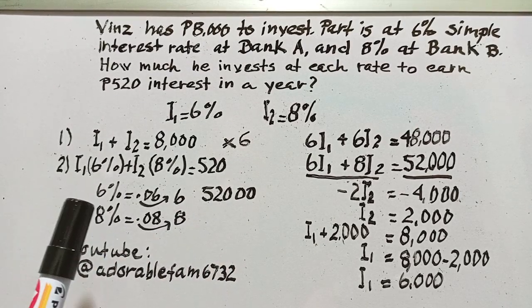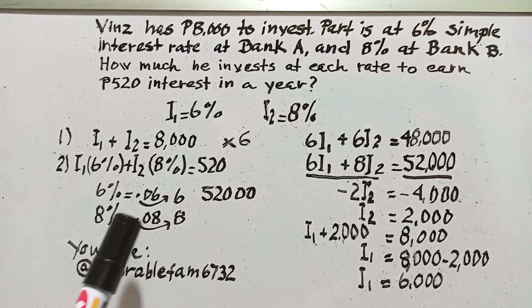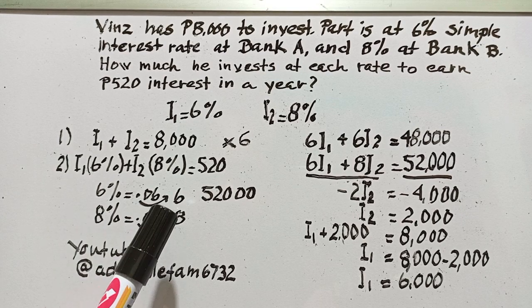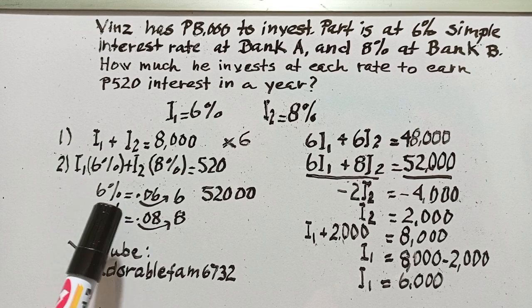Now we know that 6% is 0.06 and 8% is 0.08. Now I will convert this to whole numbers for consistency in our computation.